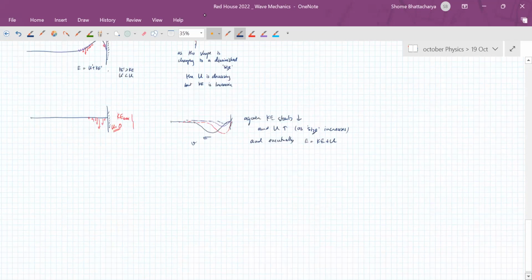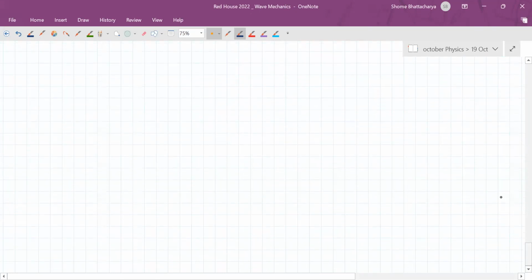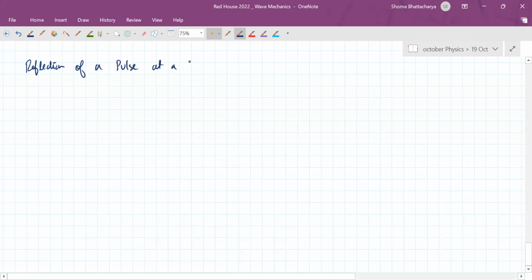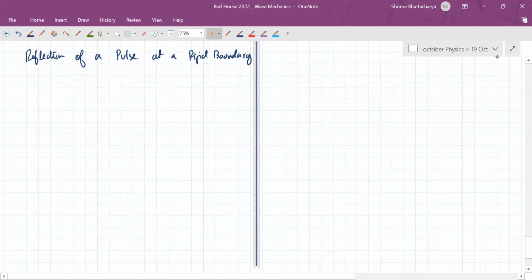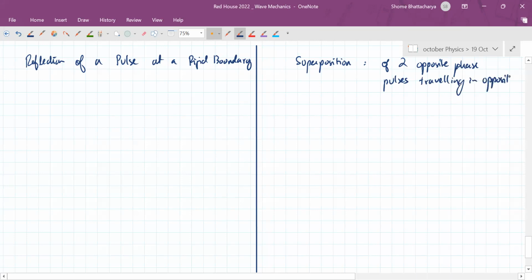Okay, now another useful way to understand the shape of the pulse as it reflects is you can understand the reflection of a pulse at a rigid boundary in comparison with another situation with a superposition of two opposite phase pulses traveling in the opposite directions.